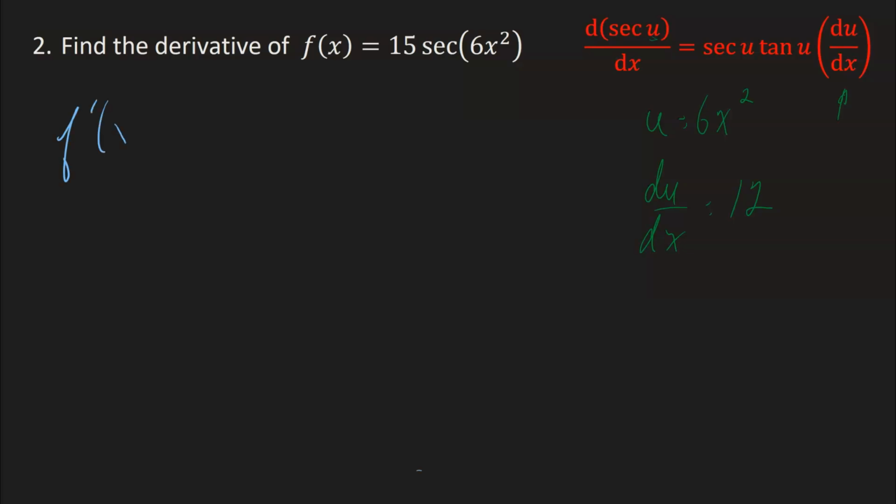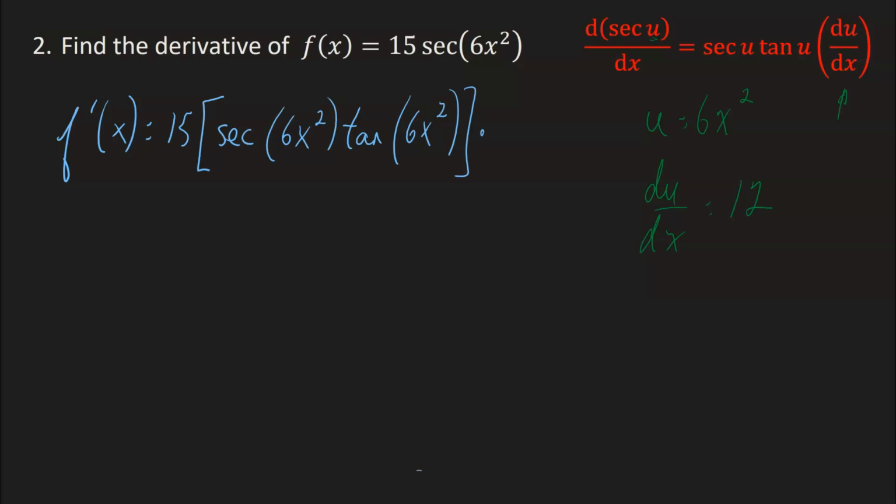F prime of x is 15, which is just multiplied by secant u, so secant 6x squared. We never change the angle, remember that. Tan 6x squared multiplied by du dx, which I should say is 12x.